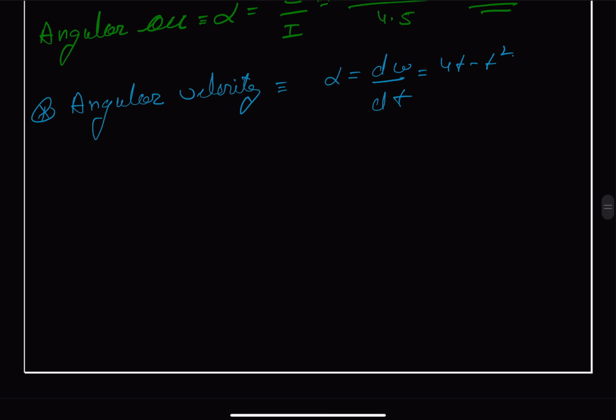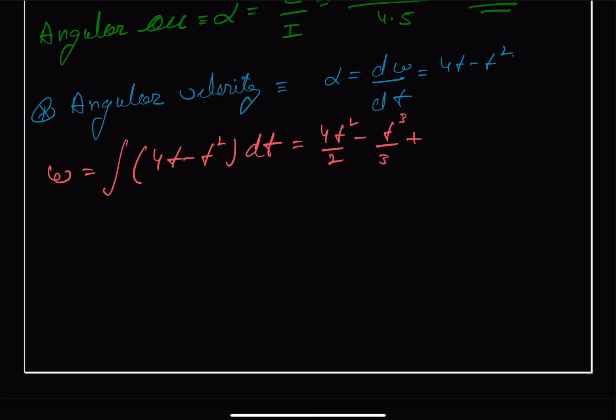So obviously we can write that omega will be equal to the integration of 4t minus t square times dt, and this comes as 4t square upon 2 minus t cube upon 3 plus c. Here 4 goes by 2, so we are left with 2t square minus t cube by 3 plus c.